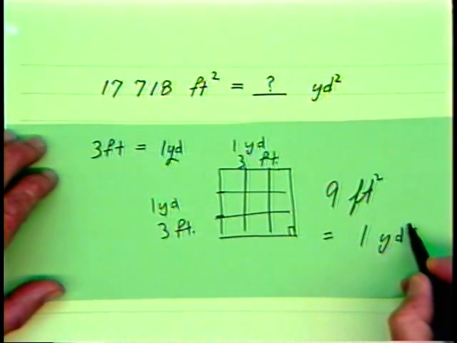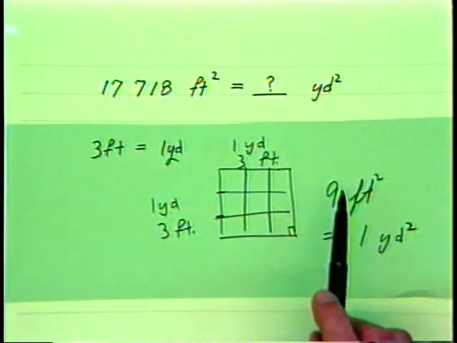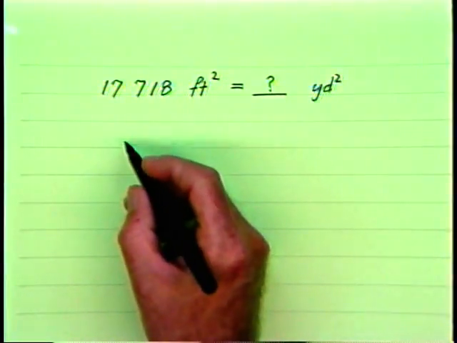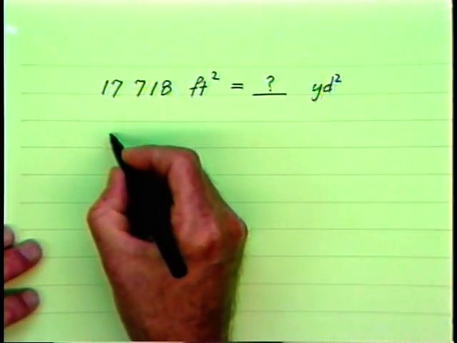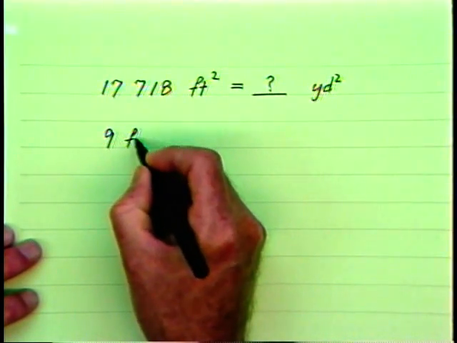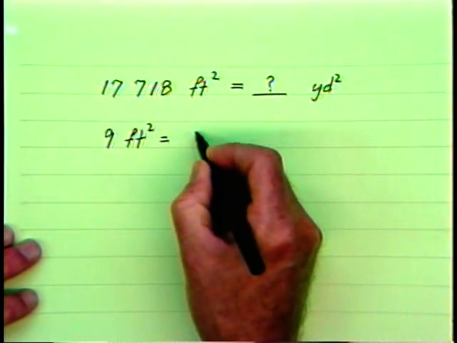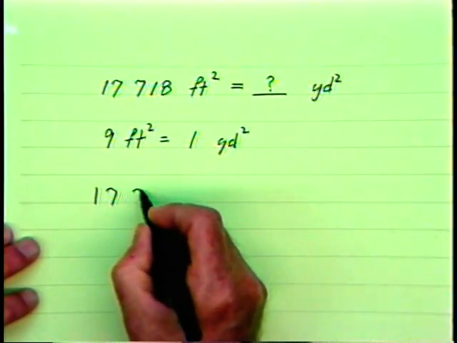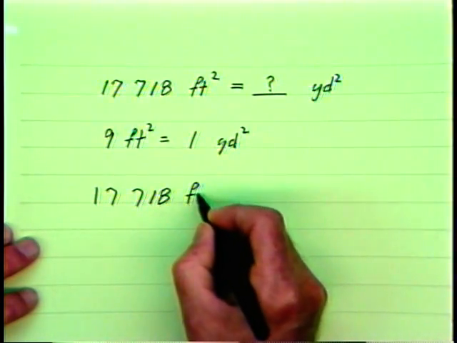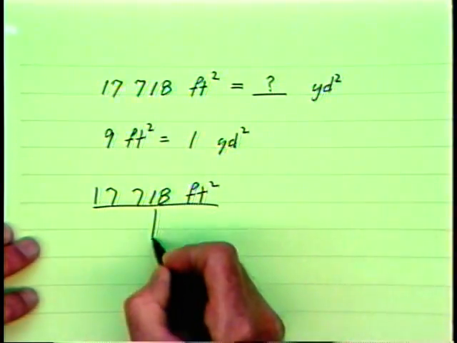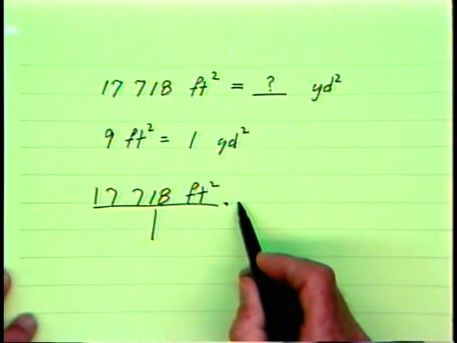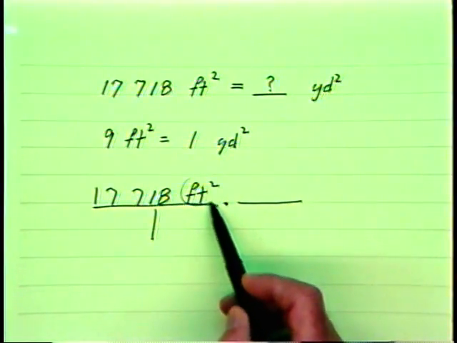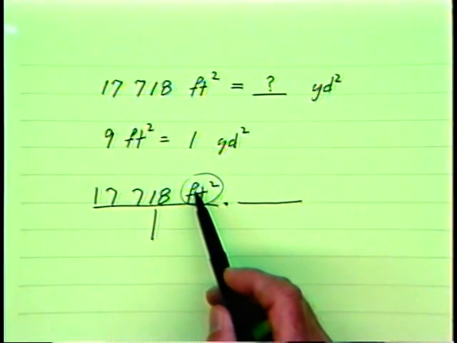So we were able to figure out for ourselves, knowing what areas really are now, the conversion of units that we need. We now know that 9 square feet is 1 square yard. So setting our problem up for conversion of units, first creating a fraction out of it, we recall that I need a square feet on the bottom if I'm going to cancel that one on top.